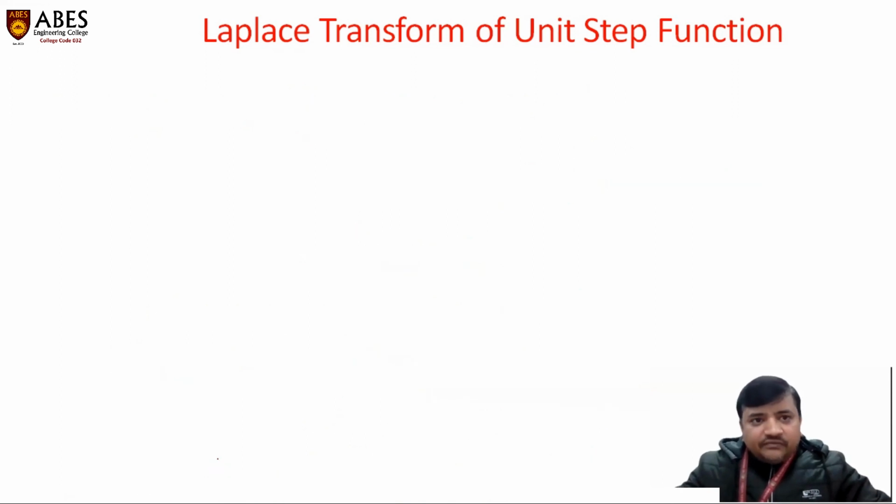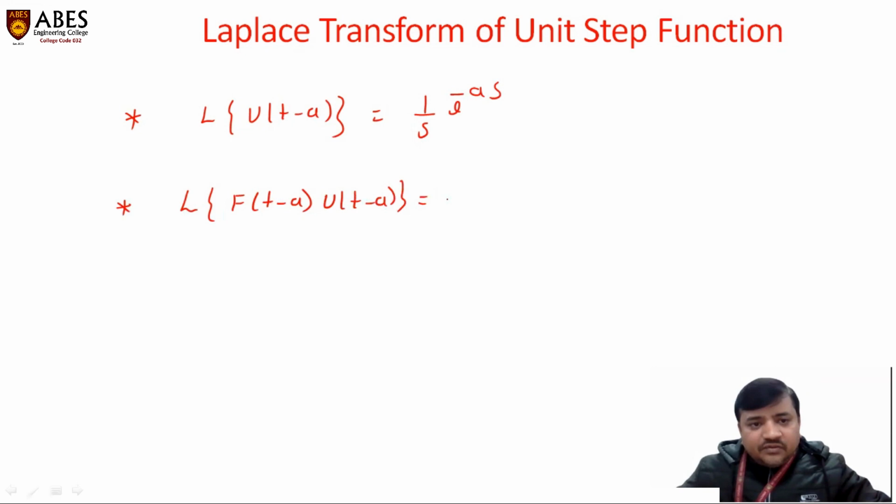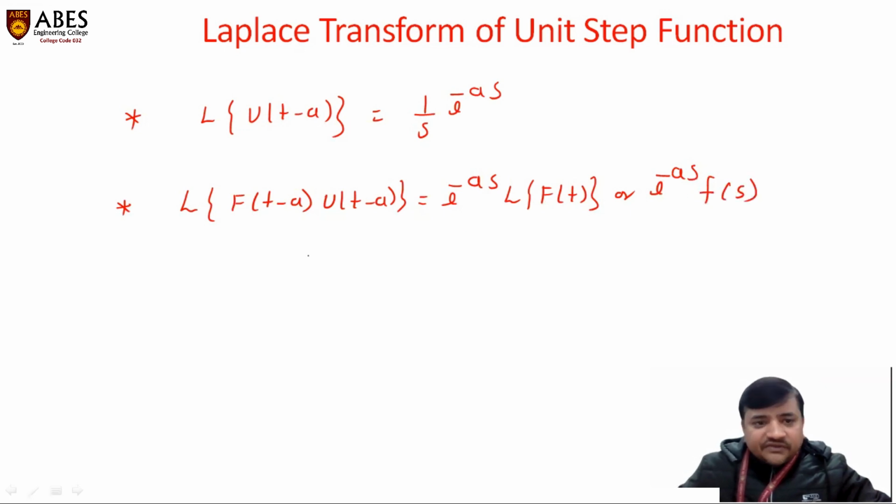So we have gone through three basic transforms. Number one, Laplace transform of u t minus a is equal to 1 upon s e raised to the power minus as. Number two, Laplace transform of the function f of t minus a u t minus a is equal to e to the power minus as Laplace transform of f t, or e to the power minus as F of s.